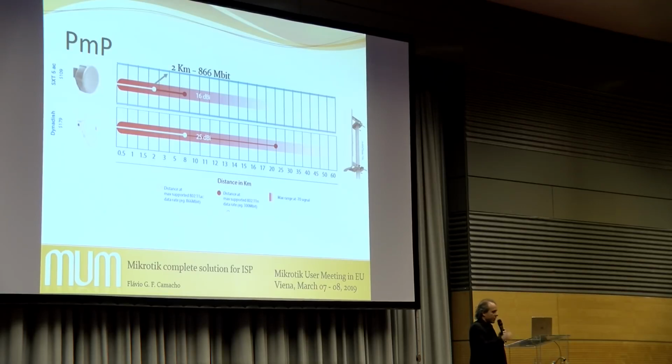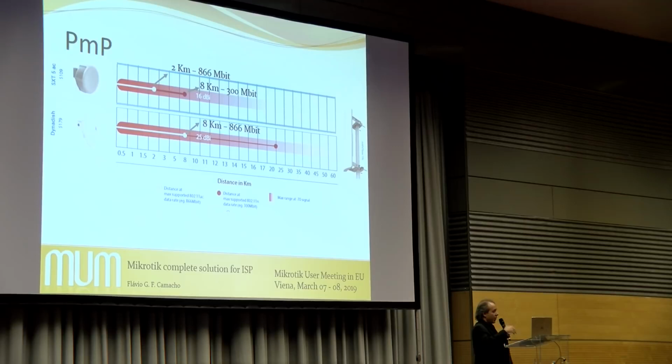With a cheaper one, we can go with 2 kilometers and give near to 1 gigabit. It was much more than the necessary. With a bigger distance, 8 kilometers, 300 megabits.